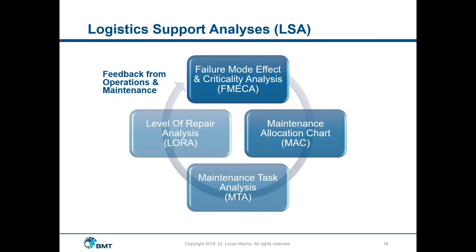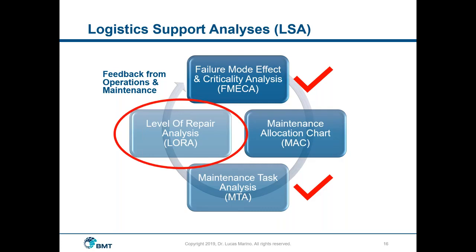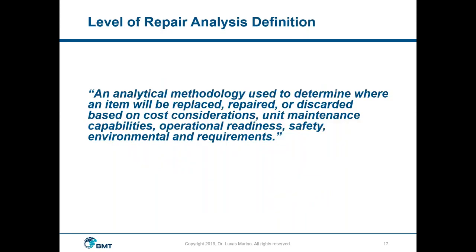So once we finish all of that, we do the failure mode, effect, and criticality analysis, and we do the maintenance task analysis. Now we're moving into level of repair analysis. And this is kind of my little bundle of joy here. I'm not going to get too crazy with it, but this is what I did my doctoral research on.